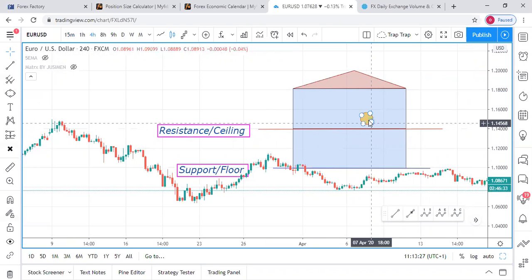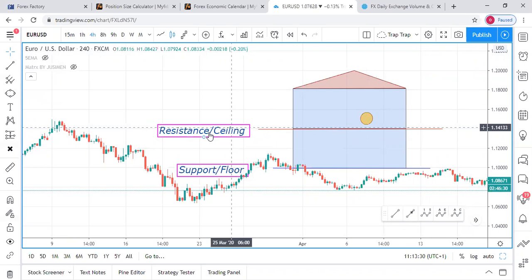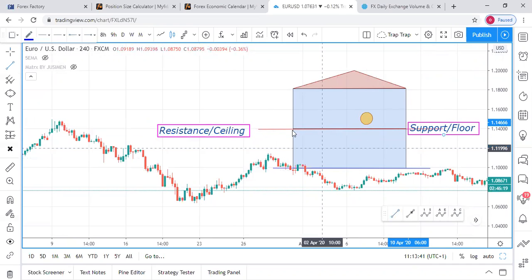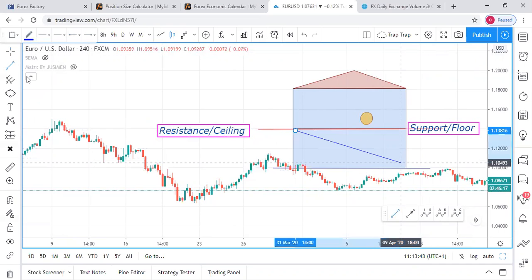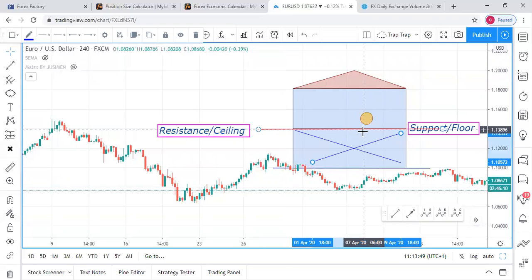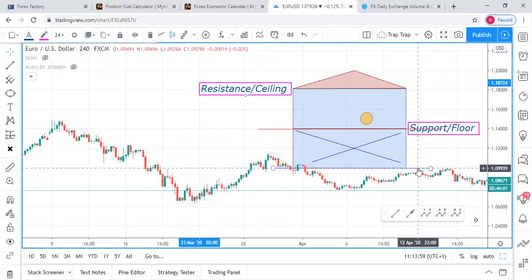Now it still wants to continue its trajectory to the top. The part that was the ceiling or the resistance before will now become the support. We are done with this level. This one is done with. This former resistance will now become a support for the movement upwards, and we now have a new resistance somewhere up there, right?